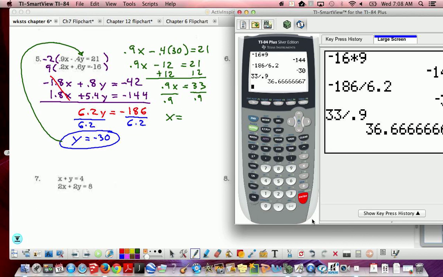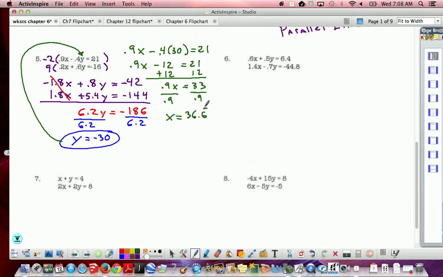Curious here. Just want to make sure that I did everything right. I got a nice answer. Okay, well, I'll do a check here. 36.6 repeating. So I'm going to check on the first one. So again, 9 times this 36.6.